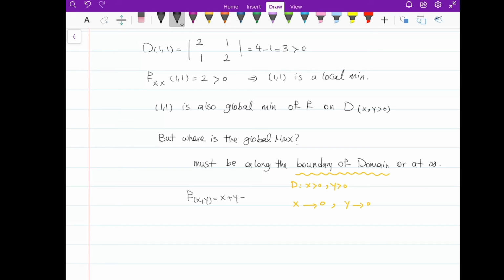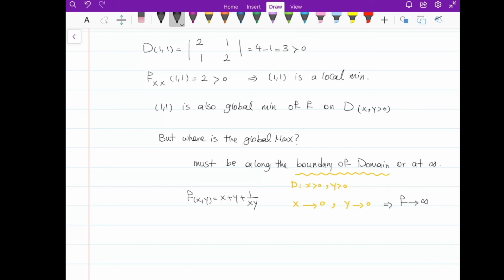The function is like that. As you see, when x goes to 0, this would be 0, but we get 1 over 0, we get infinity. And when y goes to 0, this would be 0, and then again we get 1 over 0, which means that in both cases, f goes to infinity. So no maximum in here.